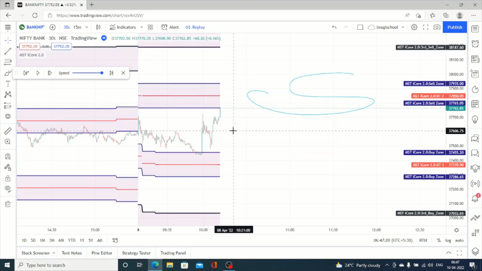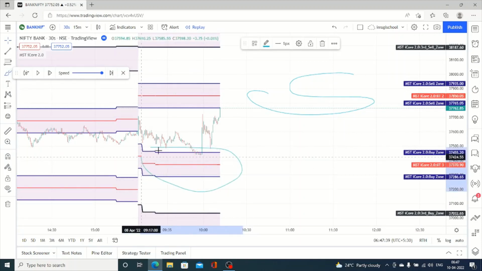If you are an option seller, then you can sell a 37,400 put option or 37,300 put option or 37,200 put option. How am I getting these strike prices? It is from here. See, three lines are here. I am reading the values from these three lines.